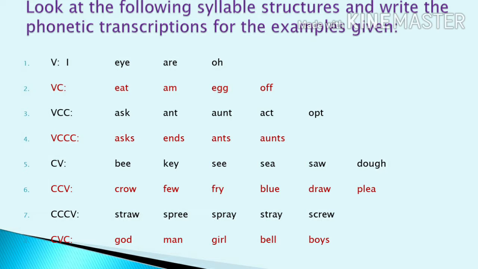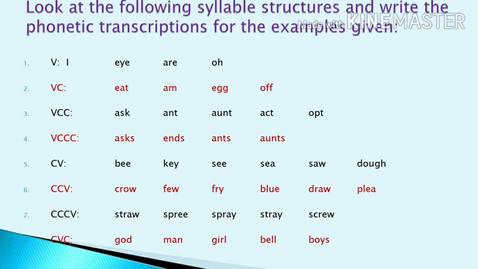All these structures I have just put on this slide for your understanding. So I will first define what kind of structure has been adopted here, followed by the examples given. The first one has only a nucleus. Nucleus means only vowel. V stands for vowel, C stands for consonant.